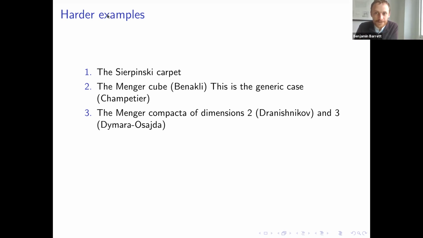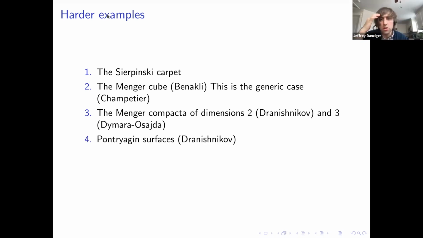The 2- and 3-dimensional cases come from Coxeter groups, and I think it can be shown that the higher dimensional ones can't come from Coxeter groups. So if we're going to realize higher dimensional Menger compacta as boundaries of hyperbolic groups, then there needs to be a new idea. So that seems quite difficult.